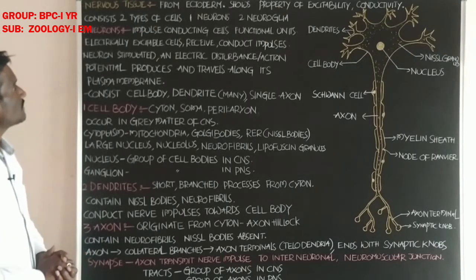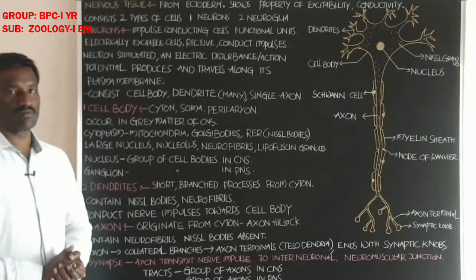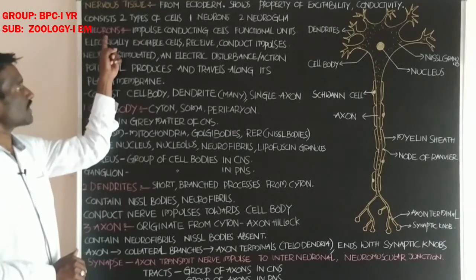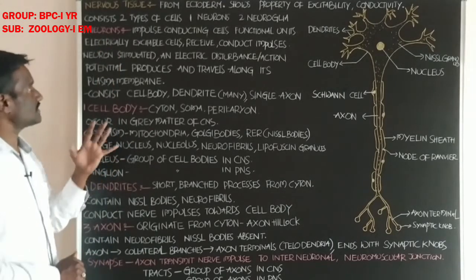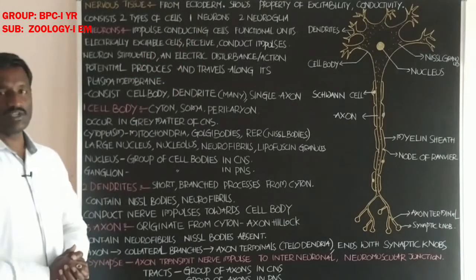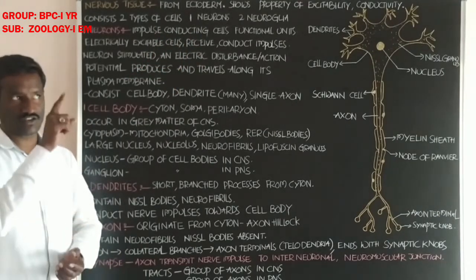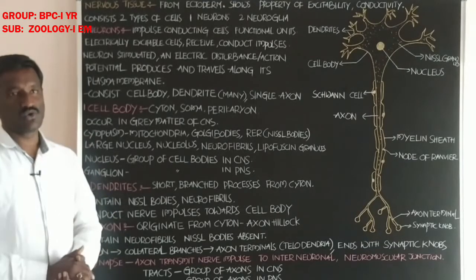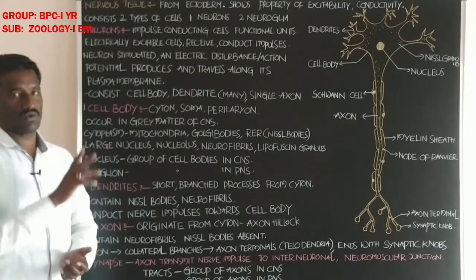Next, students, in this, first, what about the neurons? Neurons are the first type of cells, impulse conducting cells. Students, the impulse is conducted throughout the length of the neuron, the length of the nerve.